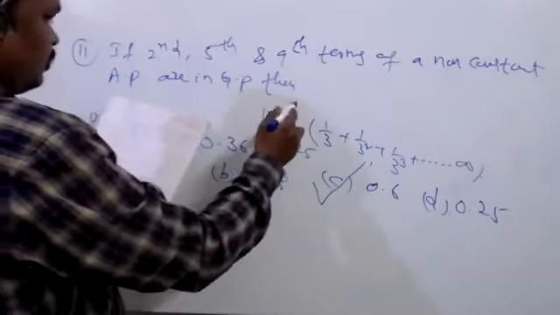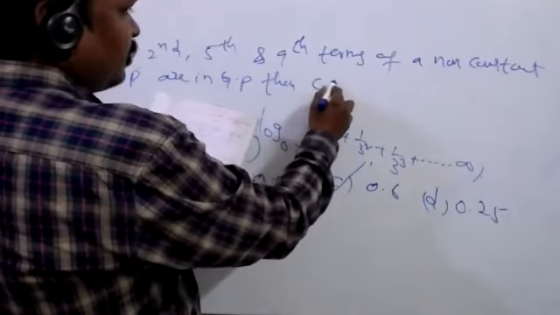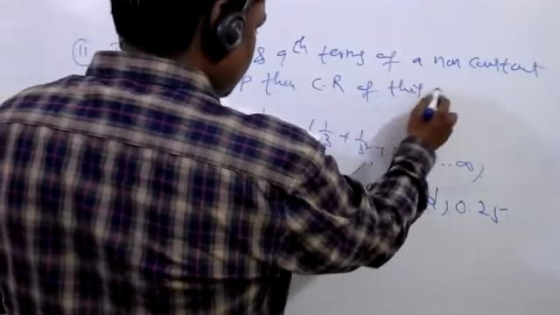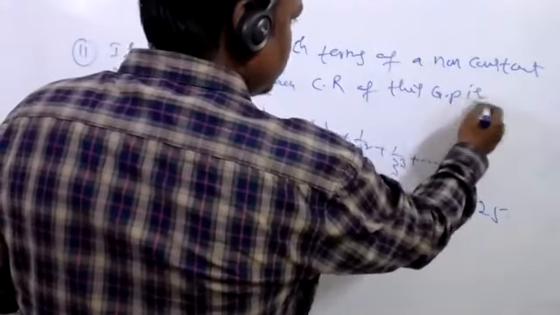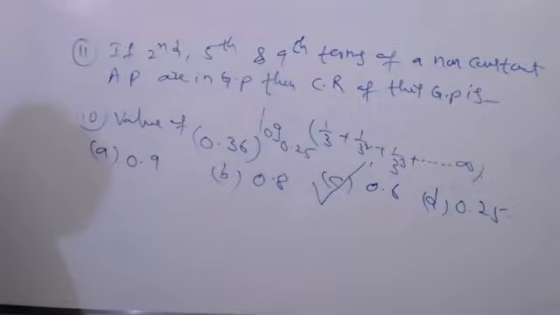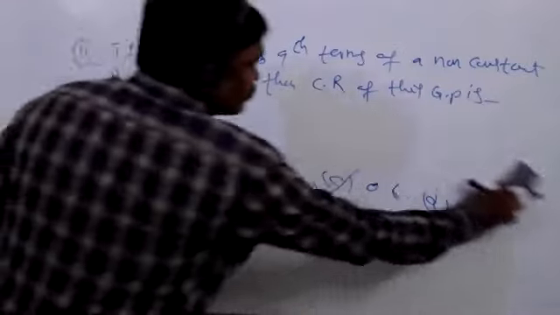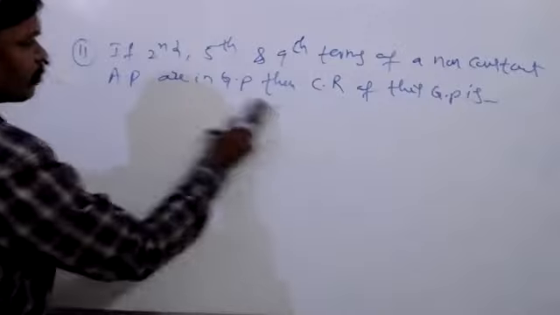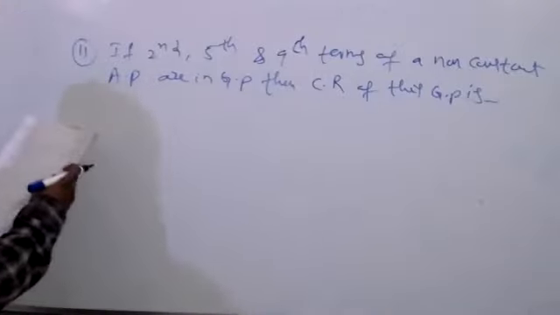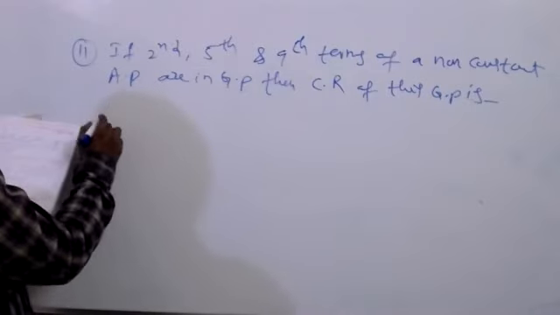Then the common ratio of this GP is? So non-constant AP means a random progression.